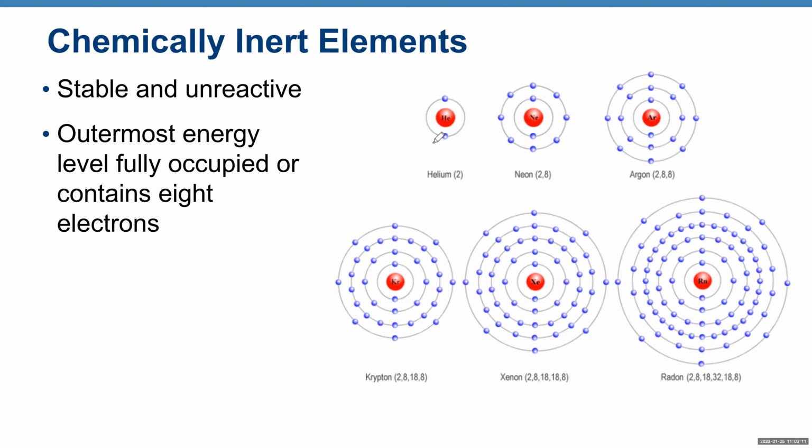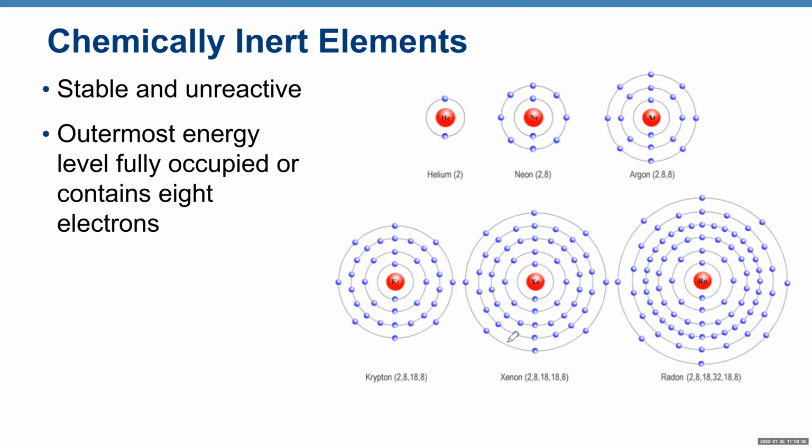Each shell has a different energy level. The outermost shell, if it's occupied by 8 electrons, then this atom is chemically stable and it's not going to form a chemical bond. So, for example, helium, neon, argon, right?